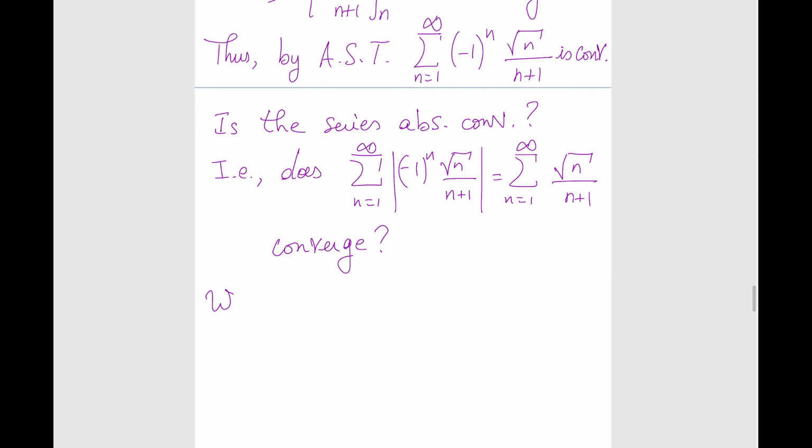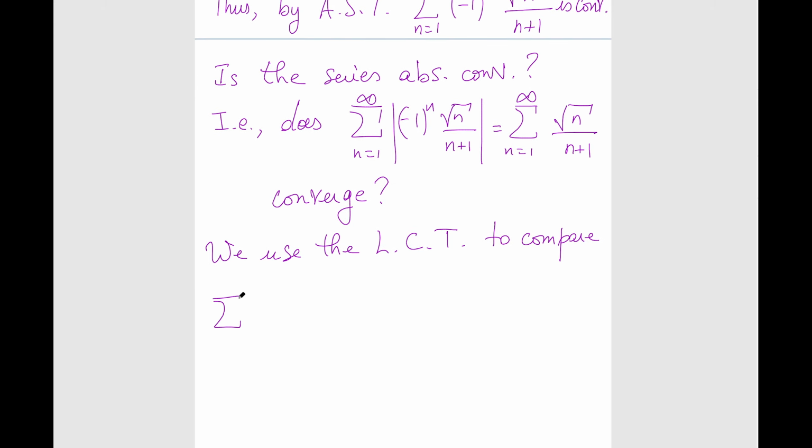So we use the limit comparison test, LCT, to compare this series with this one here, 1 over square root of n.